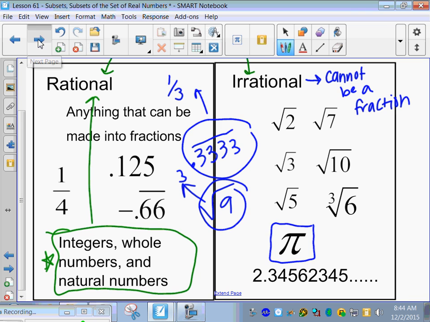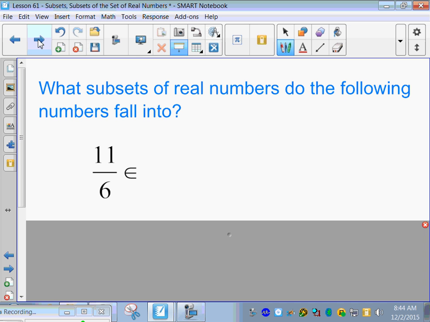All right? So what subsets of real numbers do the following numbers fall into? So 11/6, and you have to know what this lovely symbol is. It's like a curved E. This means, and you should write this down, is an element of. So 11/6 is an element of.